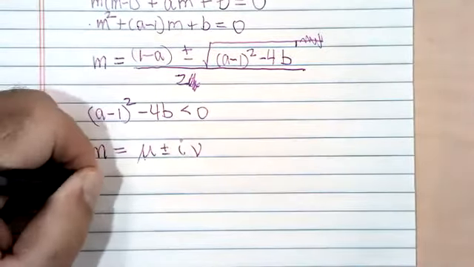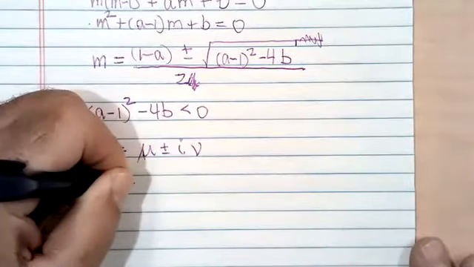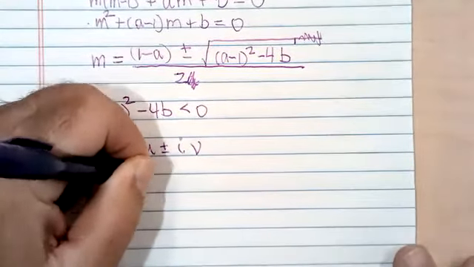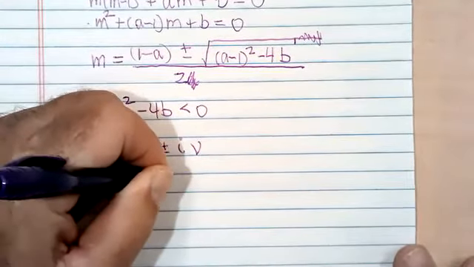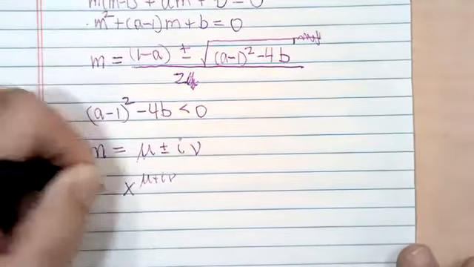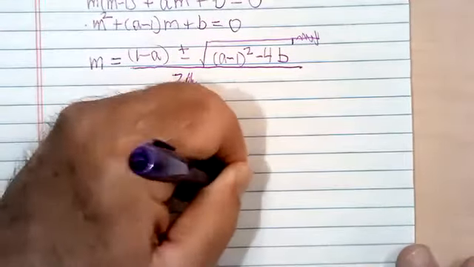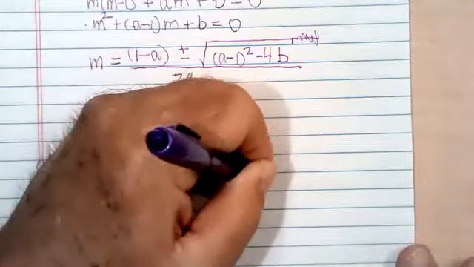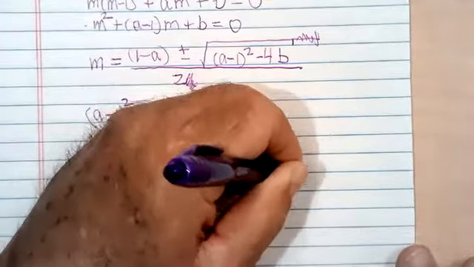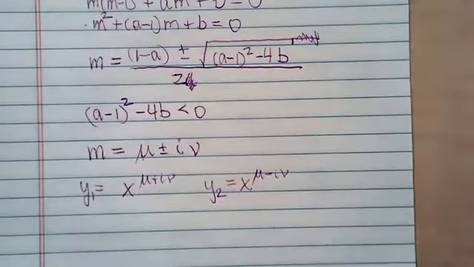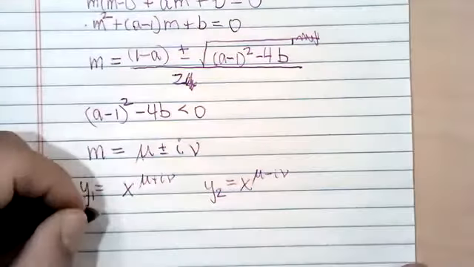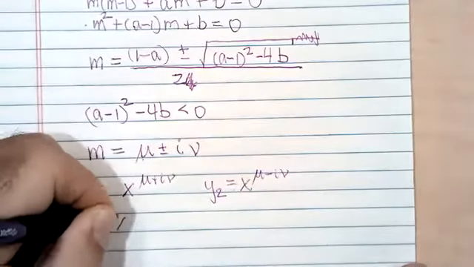So the two solutions, as before, are this: y1 is x to the mu plus i nu, and y2 is x to the mu minus i nu, which honestly doesn't do you that much good. However, you can make some progress with it.